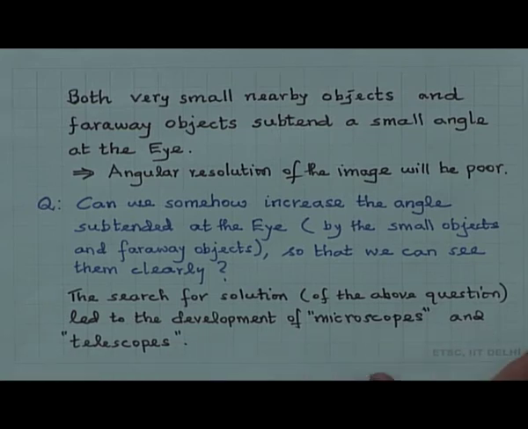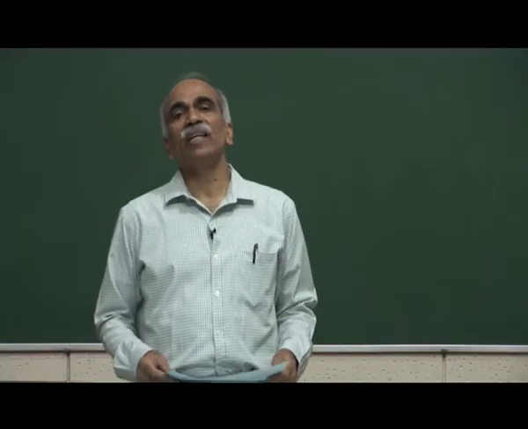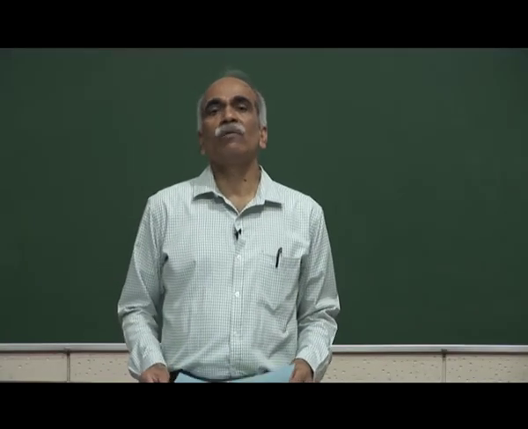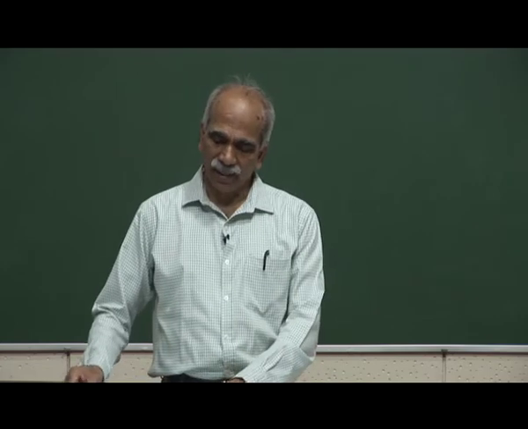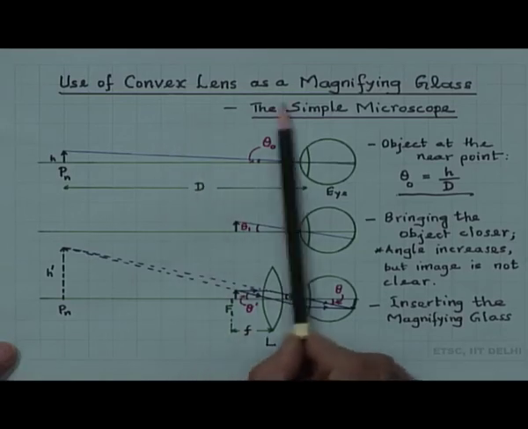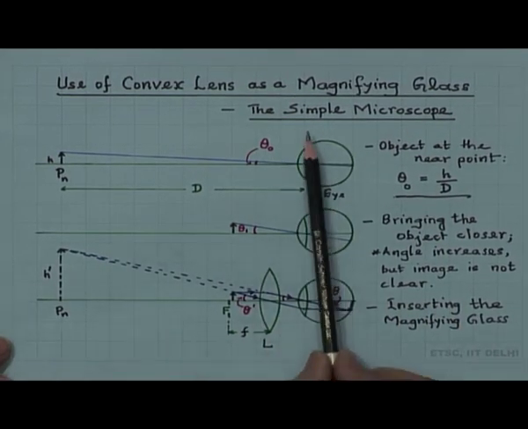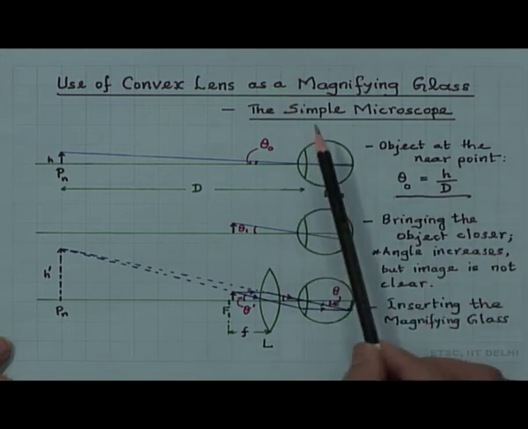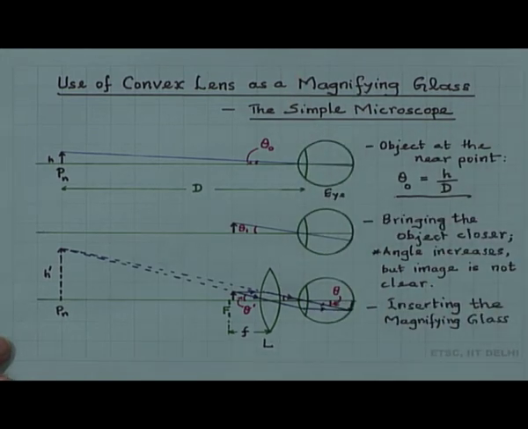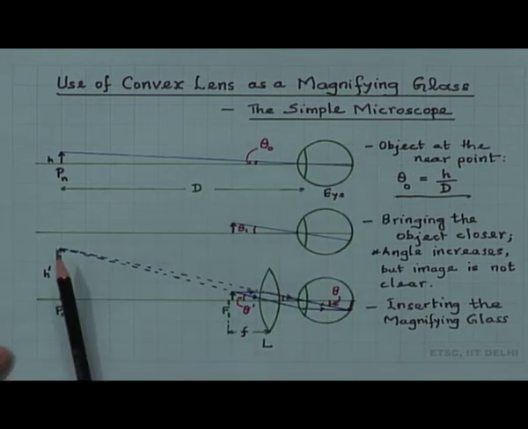So, first let me discuss the simple microscope, which is the magnifying glass, a convex lens used as a magnifying glass. This is the simple microscope. Obviously, we will also study the compound microscope, but first let us understand the working of a simple microscope.